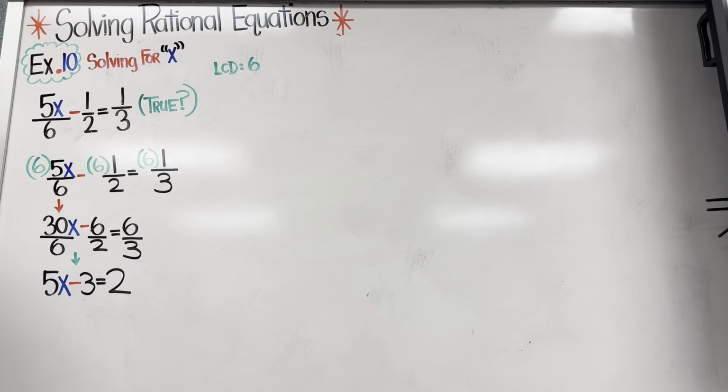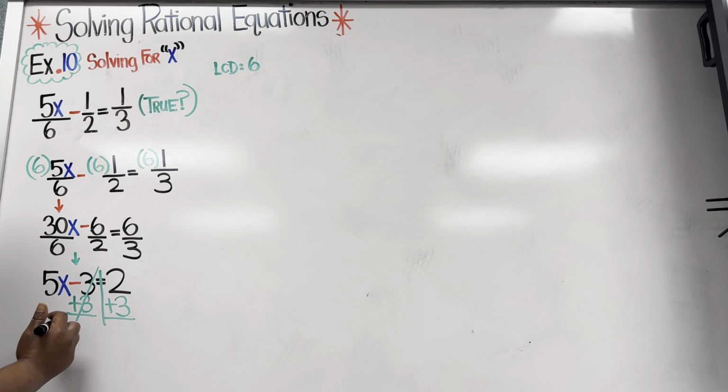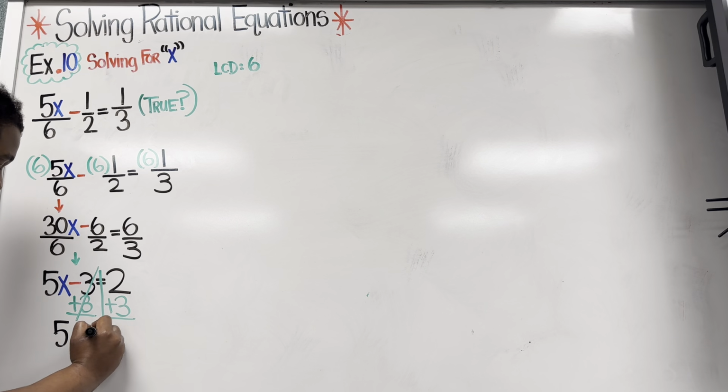Now, what we're going to do is move all of our constants, or our numbers, to the opposite side, to where 5x is on the side by itself. So in order to do that, we've got to move this -3 over here, and the inverse of -3 is +3. So I'm going to add 3 to 2. So now, ladies and gentlemen, I have 5x equals 5.